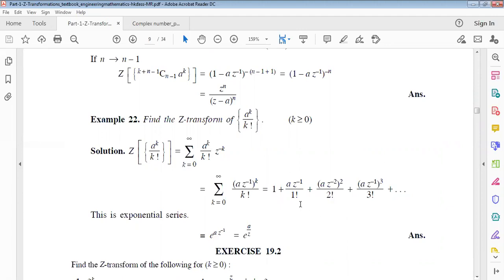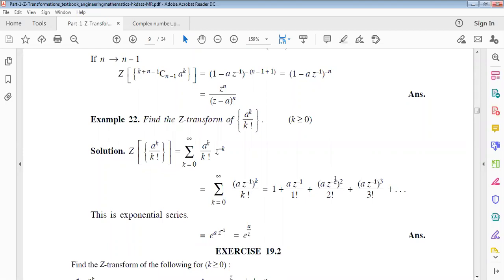This is the exponential form of series: 1 plus x divided by factorial 1, x square by factorial 2, x cube by factorial 3, x to the power 4 by factorial 4, x to the power 5 divided by factorial 5. This is the series of e to the power x. x means z to the power minus 1, this is the variable.